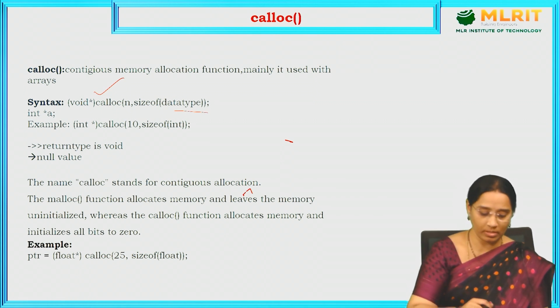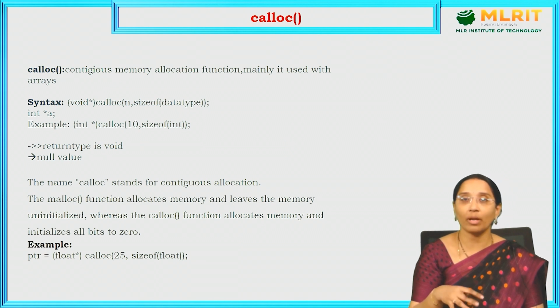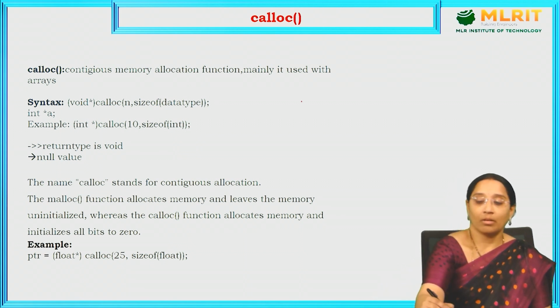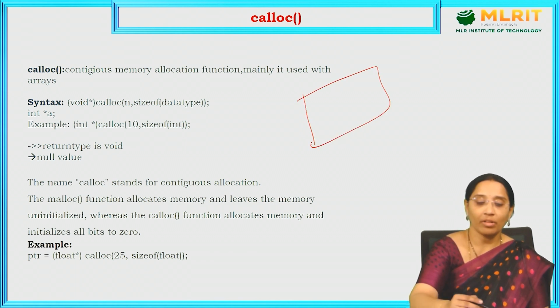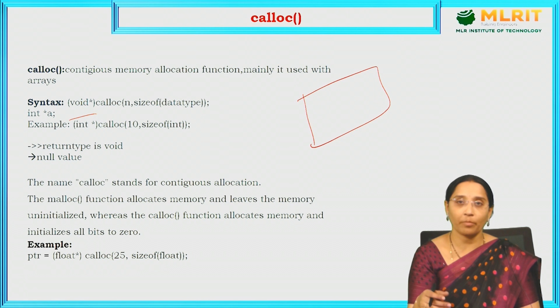You are requesting to assign some memory in the heap section, but calloc or malloc will allocate the memory without any idea what type of data the user is storing there. After assigning the space, it will return the first byte address on success, and it will be a void pointer. Later you have to typecast, because you know what type of data you are storing here.